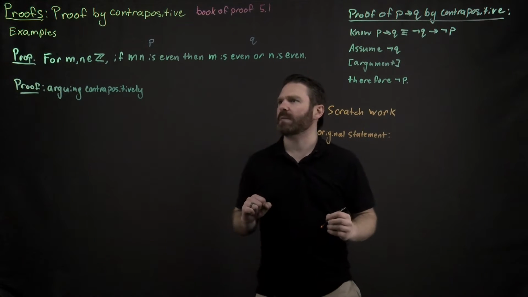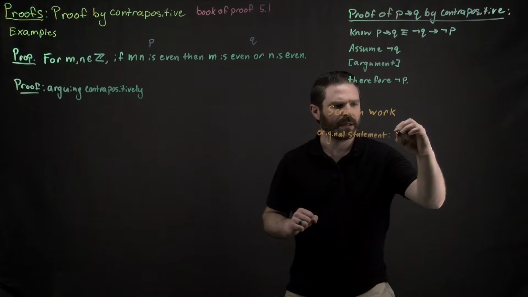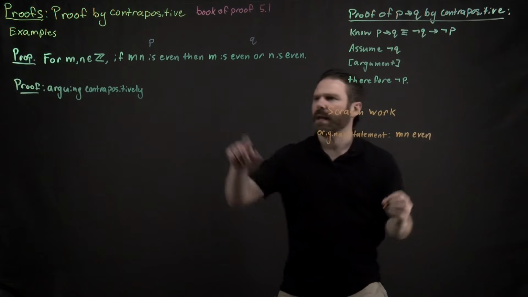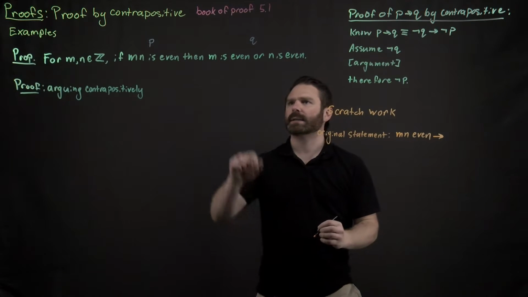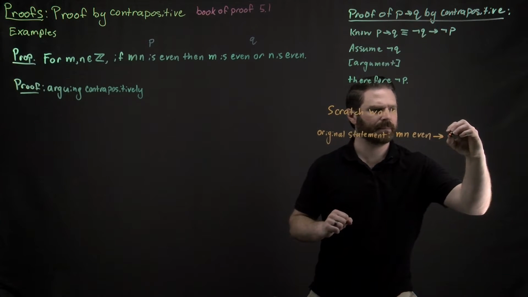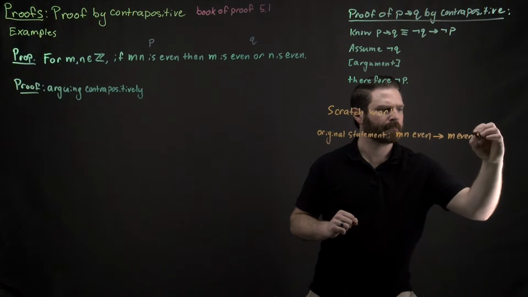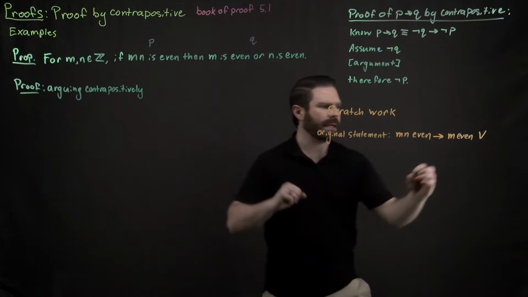So my original statement is mn being even implies either m is even or n is even.